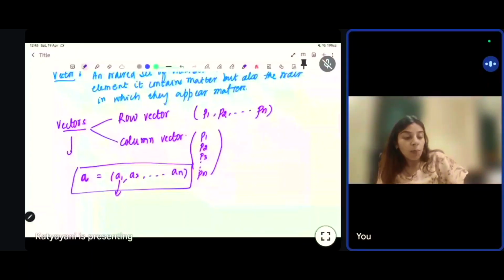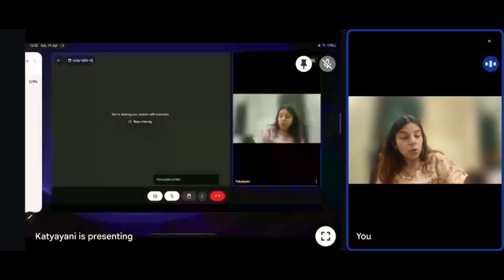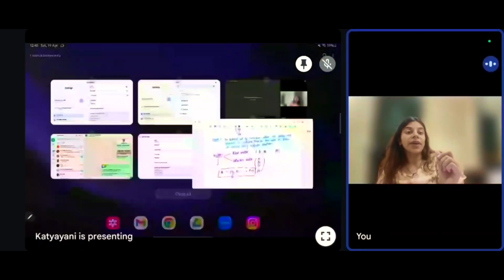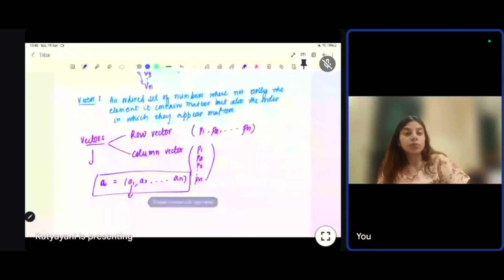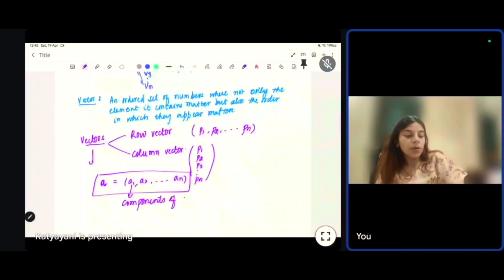These are all called the components of a vector. So A1, A2, A3 and so on till AN, these are all called the components of a vector, right?